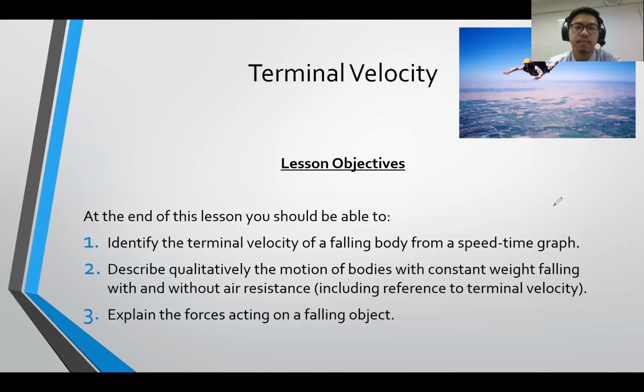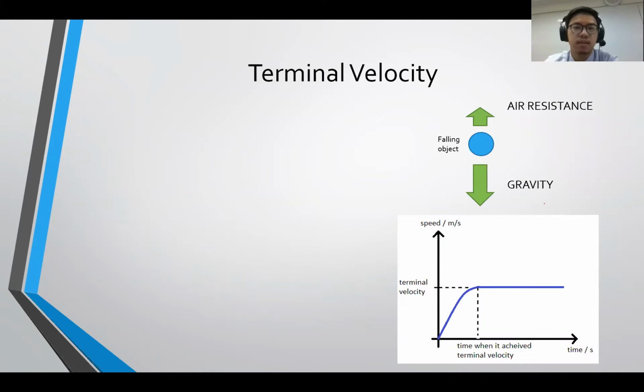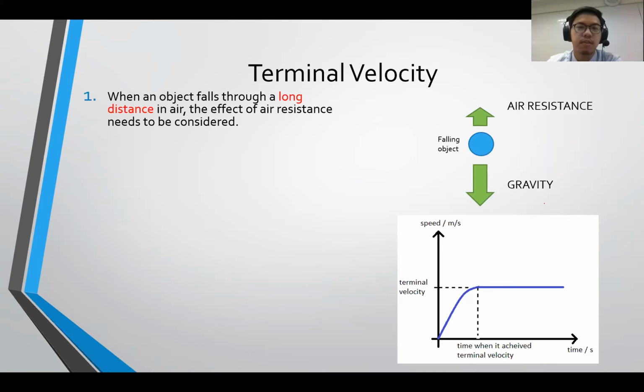Let's start. Right, so what is terminal velocity? Let me just explain a few things first. Number one, when an object falls through a long distance in air, the effect of air resistance needs to be considered. The difference between objects falling from a short height and from a longer height is that for a short height, because the fall is very short, it's quite a quick fall, so air resistance doesn't really affect the object that much.